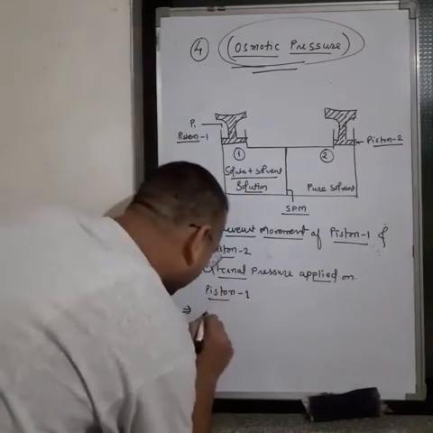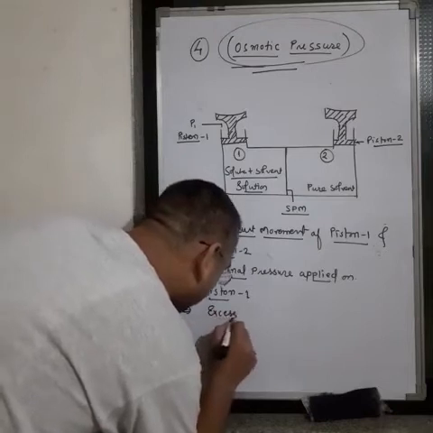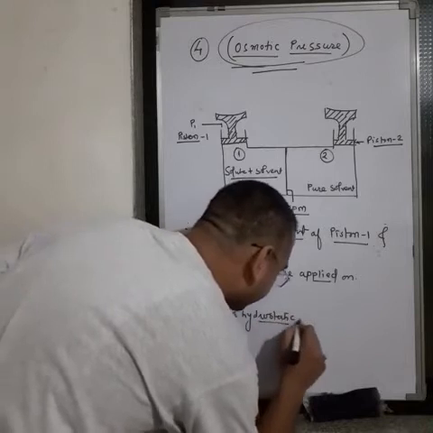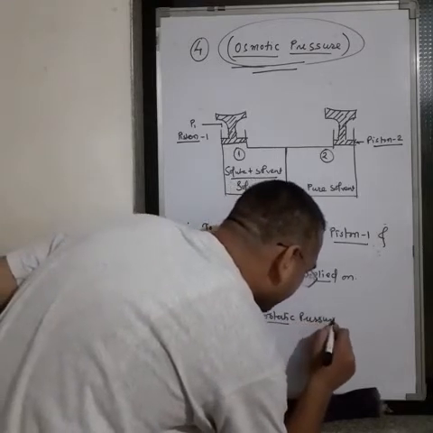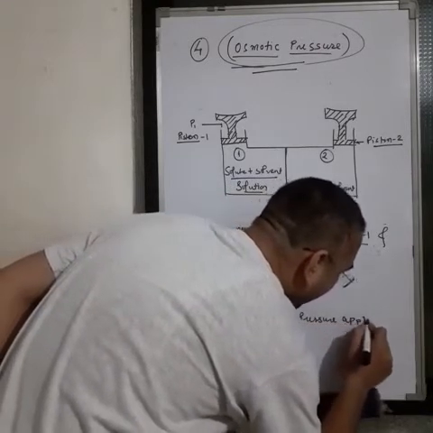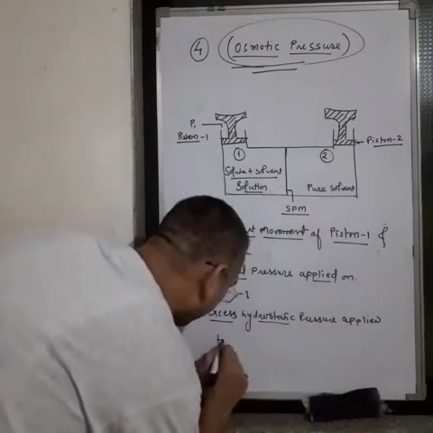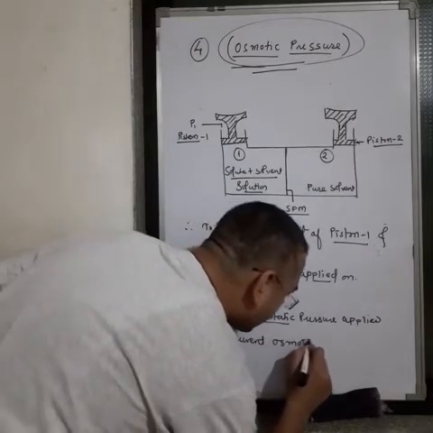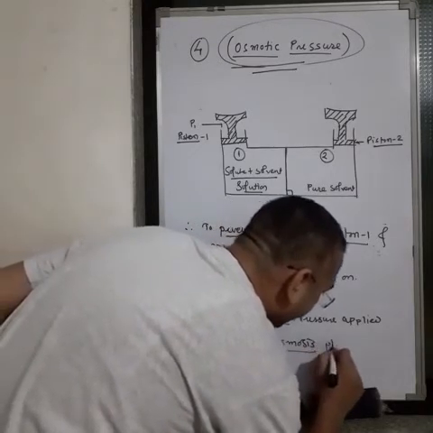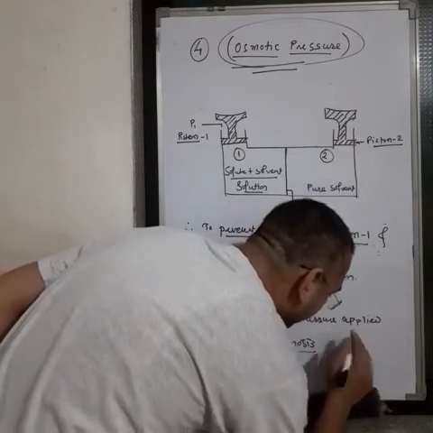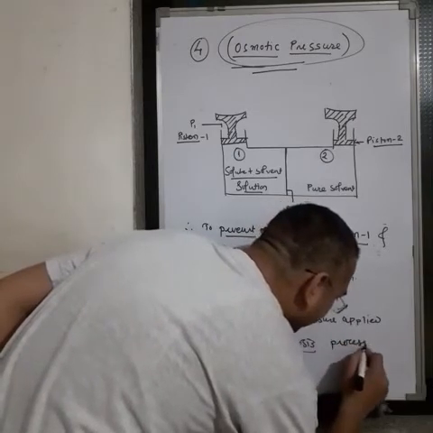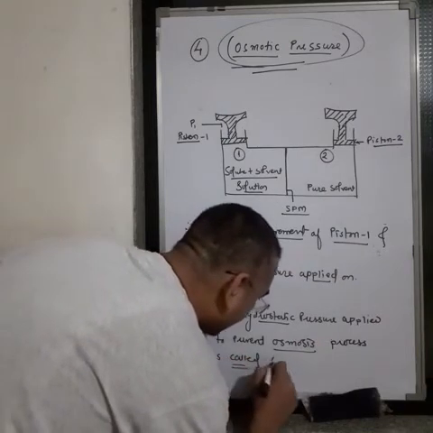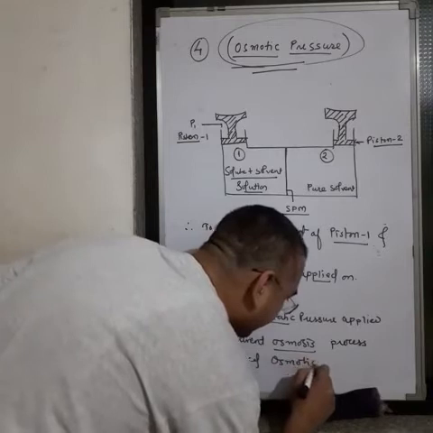So we can say that the external or excess hydrostatic pressure applied to prevent the osmosis phenomenon or osmosis process is called osmotic pressure.